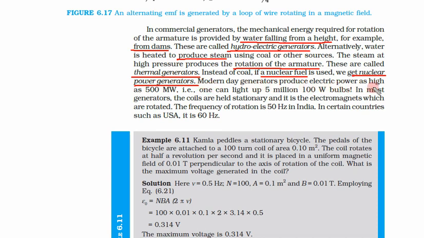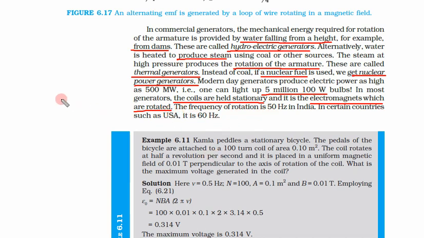Modern day generators produce electricity as high as 500 megawatt. 500 megawatt is a very big amount. One can light up about 5 million 100-watt bulbs. So a large amount of electricity. But in most generators, we don't rotate the coil. Coils are held stationary and the electromagnet is rotated in most generators.